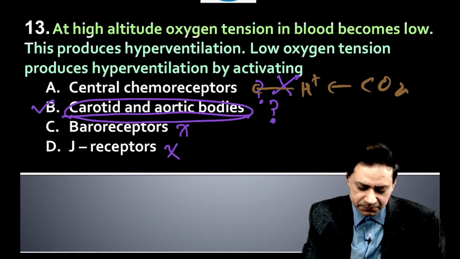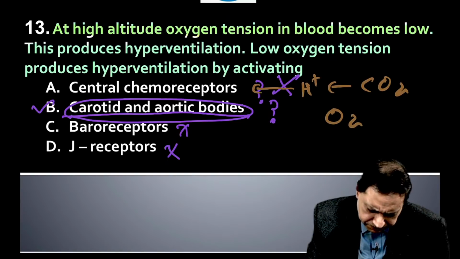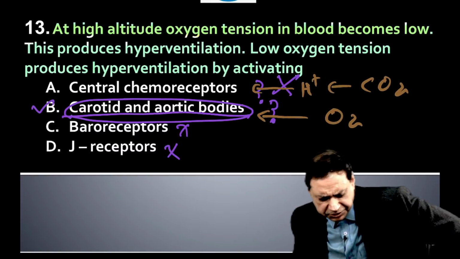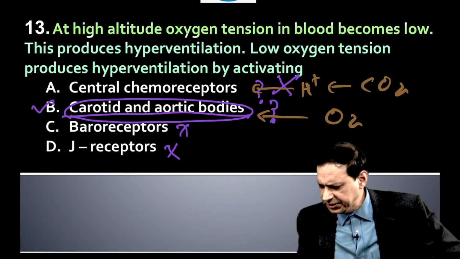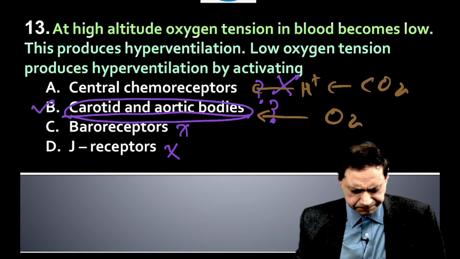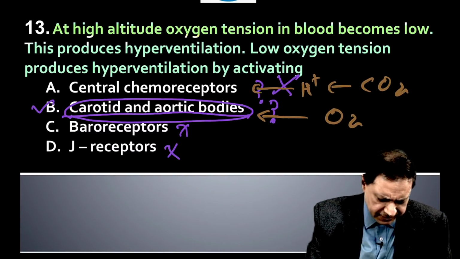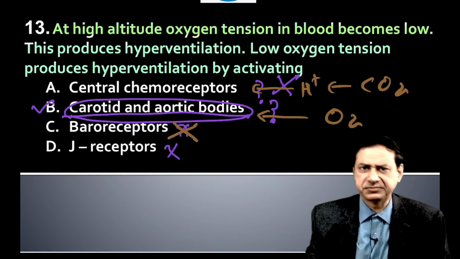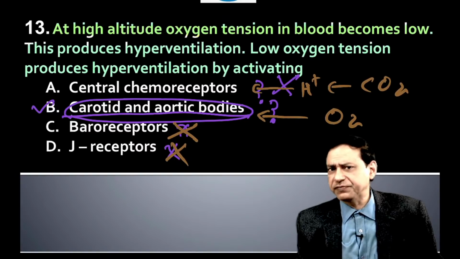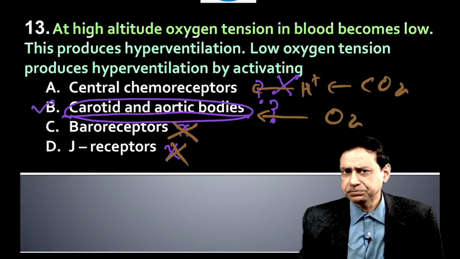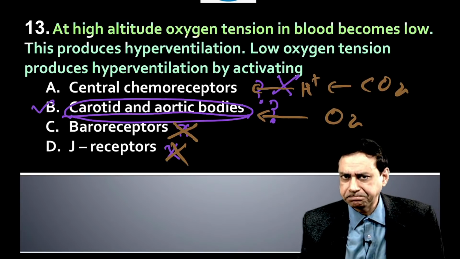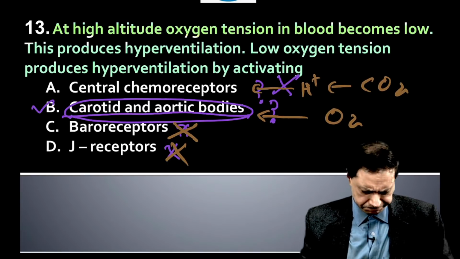Oxygen will be sensed entirely by peripheral chemoreceptors, carotid body and aortic body. Baroreceptors are for BP regulation. They are out of question. J receptors may be for the J reflex and pulmonary chemoreflex. Oxygen acts entirely via peripheral chemoreceptors. Is okay?